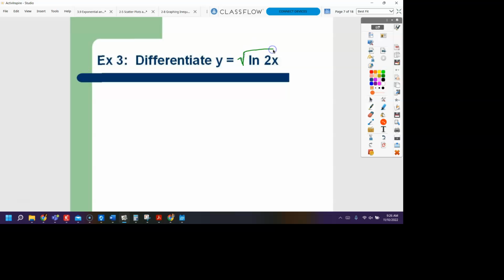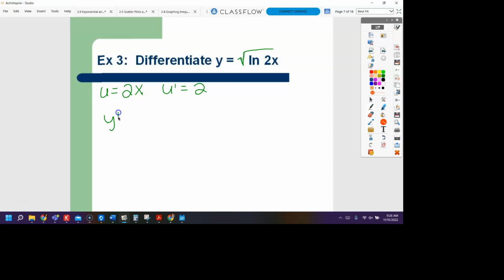Okay, so square root of natural log of 2x implies that I have a chain rule with my problem. Rules don't change though. What's my u? Yep. So u prime is 2. The only difference now is that we have to take the chain rule before the derivative of the natural log.